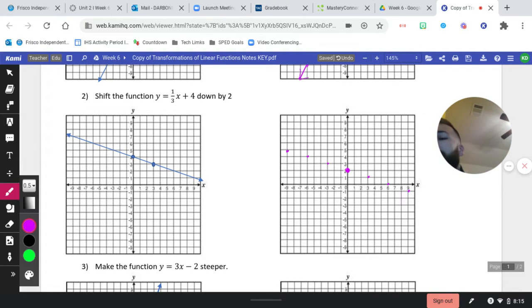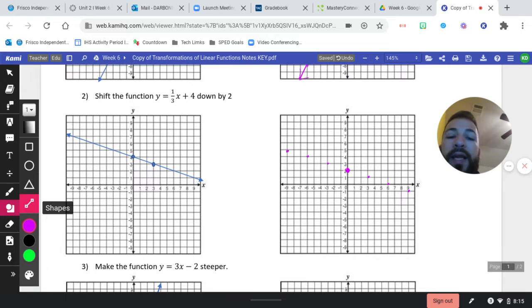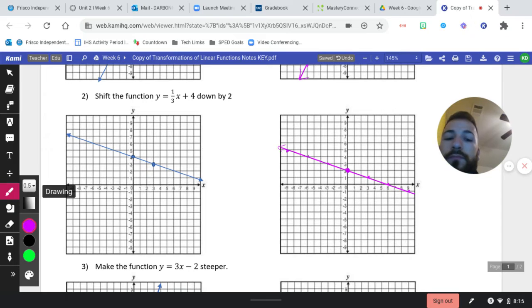And then I can add in my line. It looks pretty similar, but we can clearly see that our function is shifted straight down by 2.